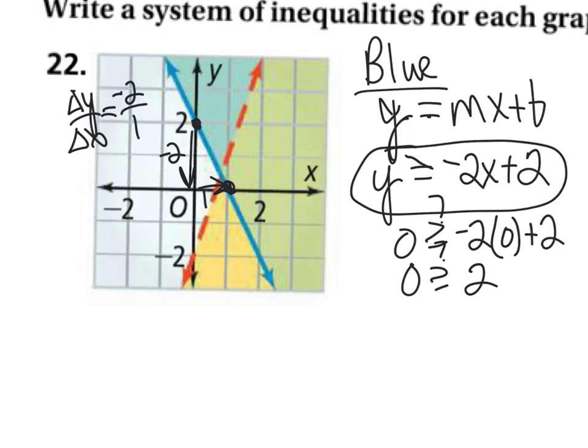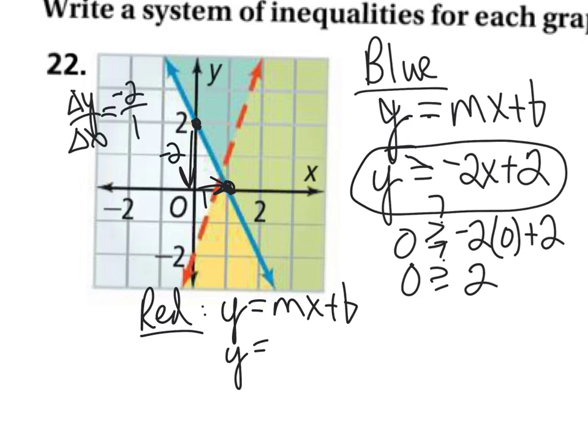Then if we look at the red line, it is a dotted line. So we'll have to make sure we consider that. Just worry about the line first, though. Okay, if we're right on the line, y-intercept is negative 2. The slope looks like we're hitting at 1, 1 up here.